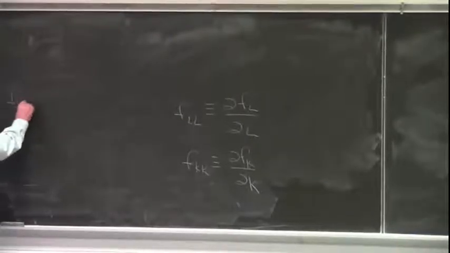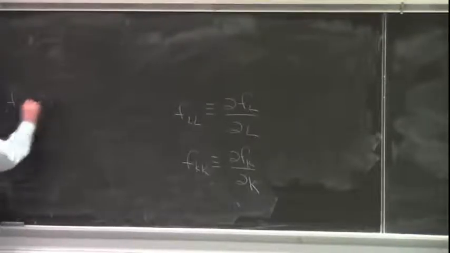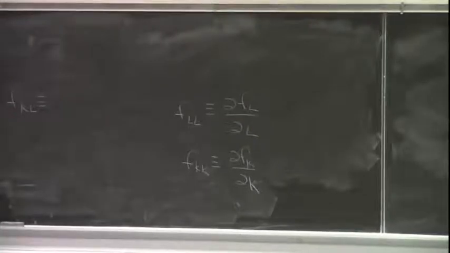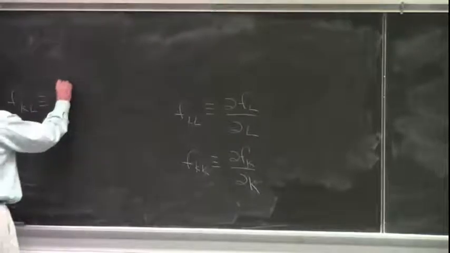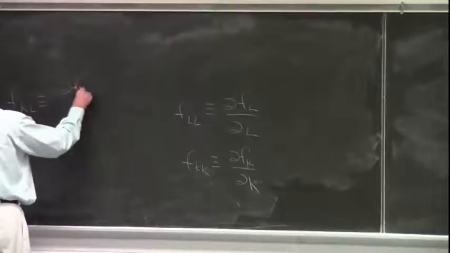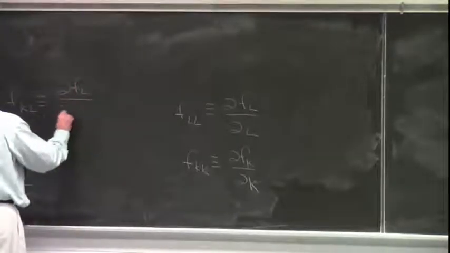F sub KL, this is called a cross partial derivative. This is just the partial derivative of F sub L with respect to K.